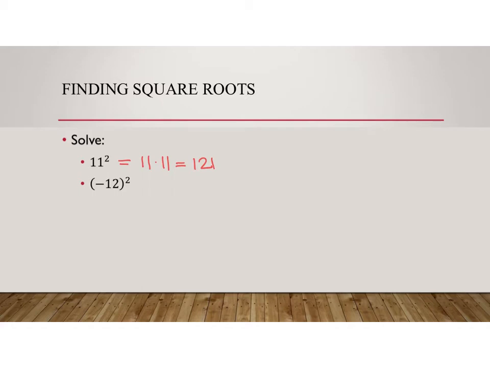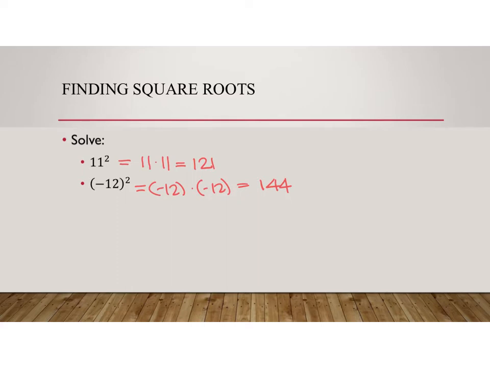Likewise, if I take a negative 12 and square that, really I have a negative 12 times a negative 12, and because I have a negative times a negative, this will give me a positive, and 12 times 12 then is 144. So in both of these cases, I'm actually multiplying the number by itself to produce a positive number. So I could have a positive times a positive, which will give me a positive, or I can do a negative times a negative, which will also give me a positive.